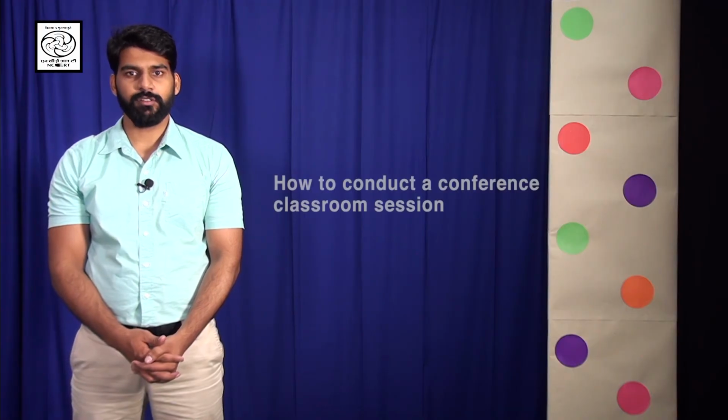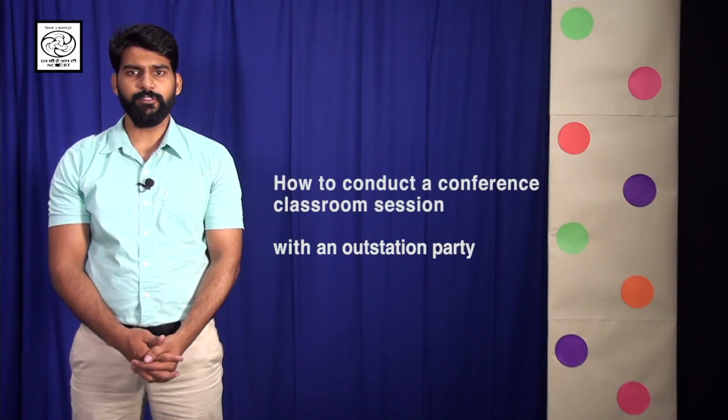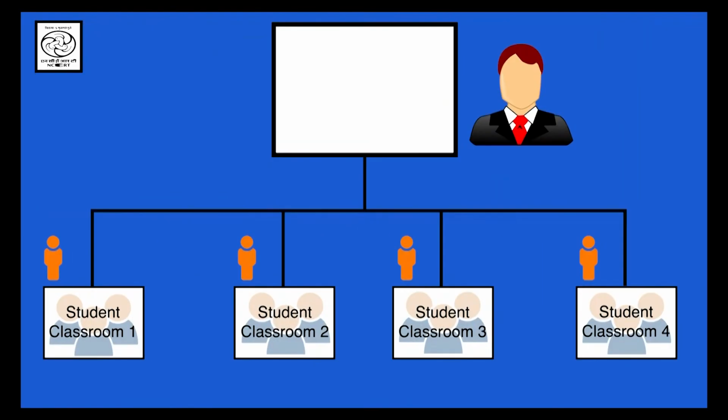With this, we finish the topic of conducting conference class within campus. Let us see another situation when somebody outside connects with us for a session. To connect with the outstation entity, the other party should have a setup compatible to the setup we are having in RIE.